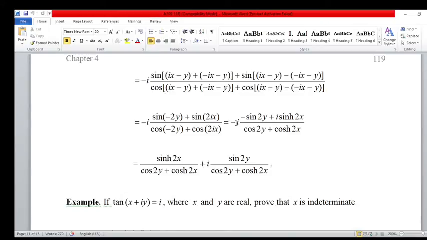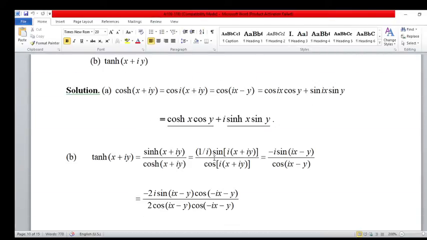Here again, minus i into i square, and i square means minus 1, minus minus plus. So this is the real part: sin hyperbolic twice x upon cos twice y plus cos hyperbolic twice x. Plus i sin twice y upon cos twice y plus cos hyperbolic twice x is the imaginary part.